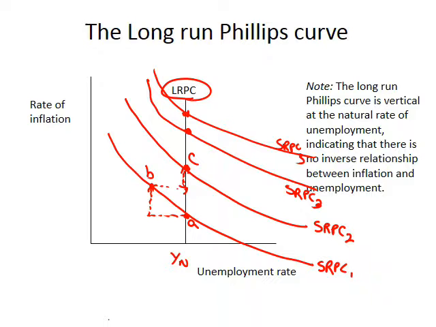So the long-run Phillips curve is vertical at the natural rate of unemployment, indicating that now there is no inverse relationship between inflation and unemployment, because we'll always be drawn back to that long-run equilibrium as we are in the neoclassical model and in the long-run Phillips curve.